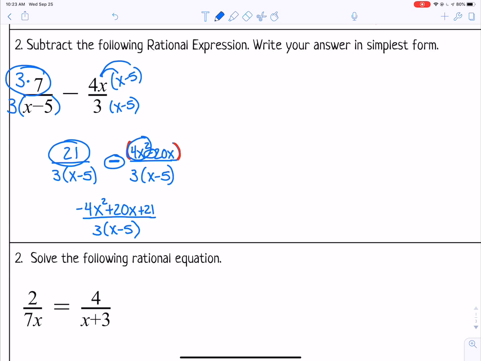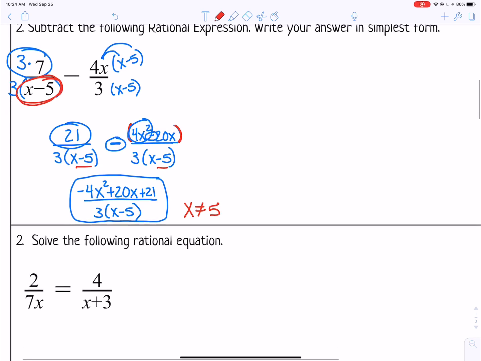So all we could really do was bring them down. And so that is our simplified form. And then we could say x cannot equal what would make our denominator equal to 0. So in that original problem, that was just 5, and it stayed that way throughout our whole problem. So that's it for number 2.